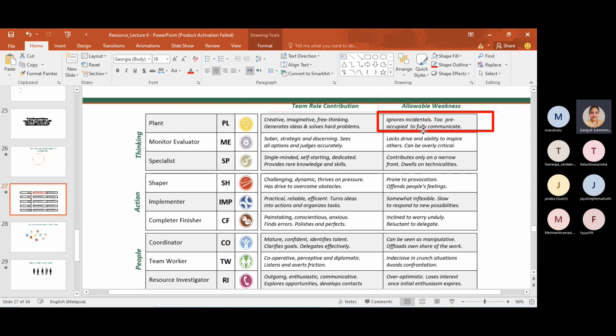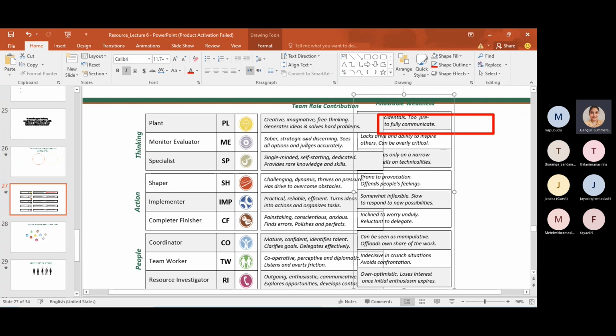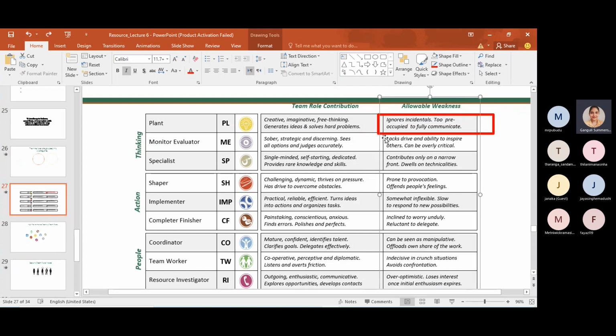Too preoccupied to fully communicate. Since plant is a very creative and imaginative person, and spends so much time being imaginative and creative, sometimes it can be difficult to communicate with them. So that is an allowable weakness.